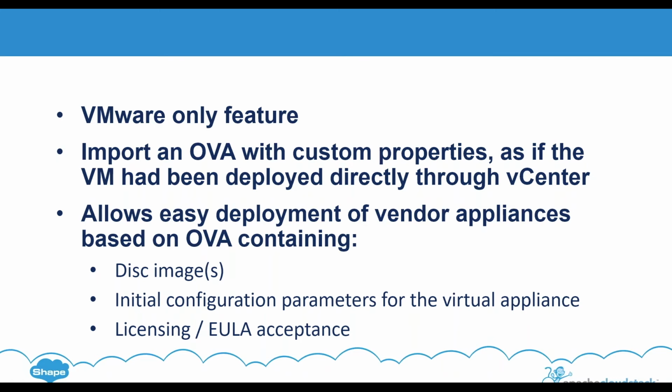But that did mean that a whole load of potentially very important data got left behind, these custom properties. Which meant that, for instance, a lot of vendor appliances just couldn't be deployed via CloudStack because that information was key to it starting, or at least being configured after it started. I'll show some screen grabs of that in a moment.